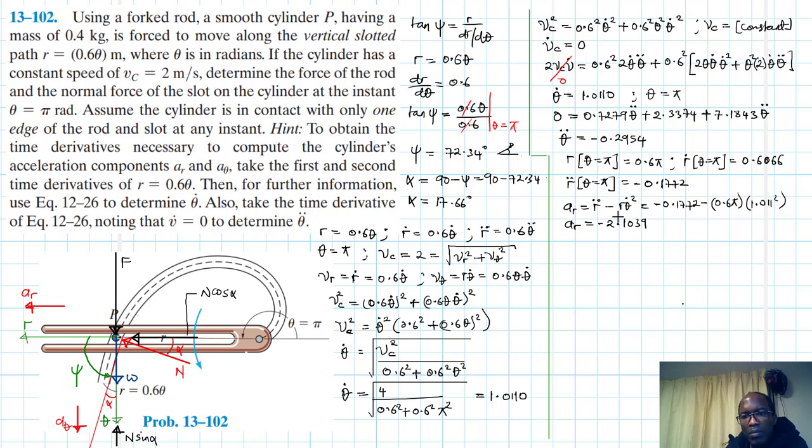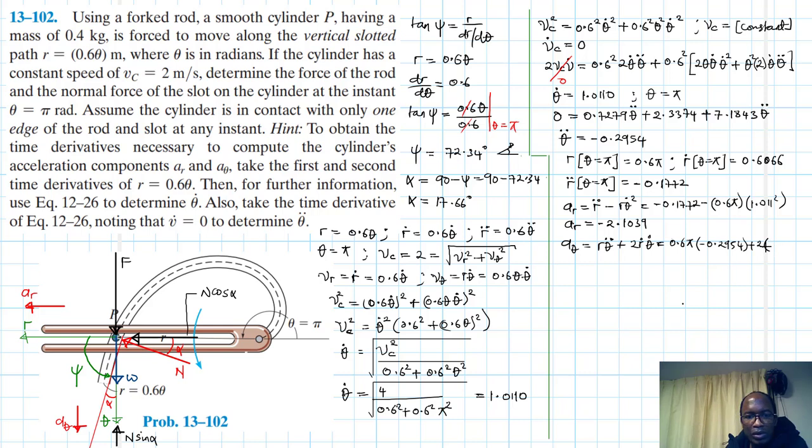Alright, so R is positive, R double dot is negative. So A theta is just equal to R theta double dot plus 2 R dot theta dot. What is our R? Our R is 0.6 pi, by theta double dot, which is minus 0.2954, plus 2 R dot.